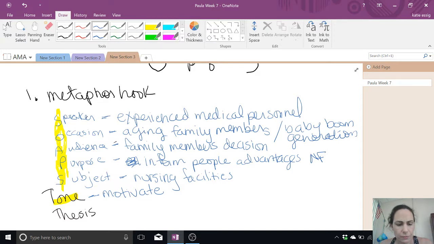All right, so obviously my number one sentence is the metaphor, right? Okay, sorry about that. First sentence is metaphor. Then I'm going to say something about we're talking about nursing homes. I'll make that number 2. And then I'm going to talk about what's happening in the world today, why this is even a topic.